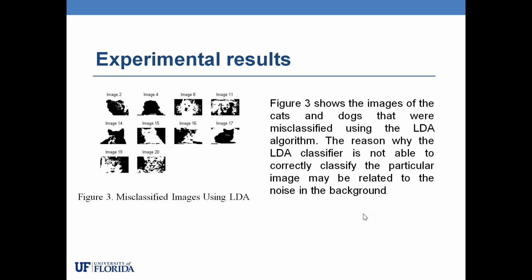Figure 3 shows the images of cats and dogs that were misclassified using the LDA algorithm. The reason why the LDA classifier is not able to correctly classify the particular image may be related to the noise in the background.